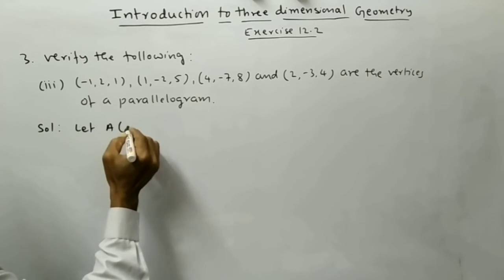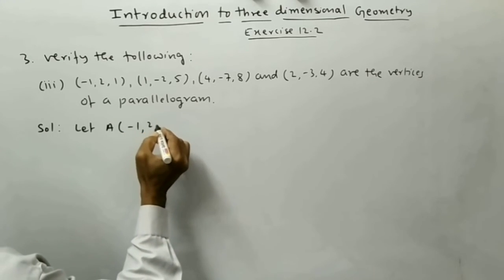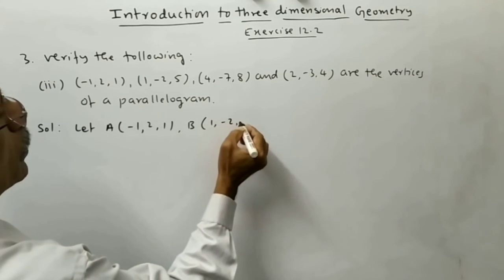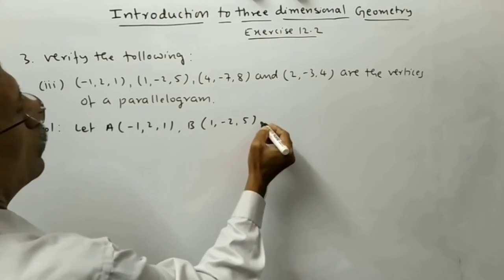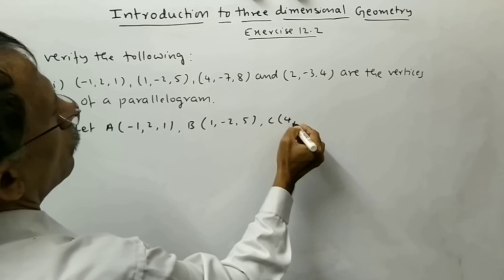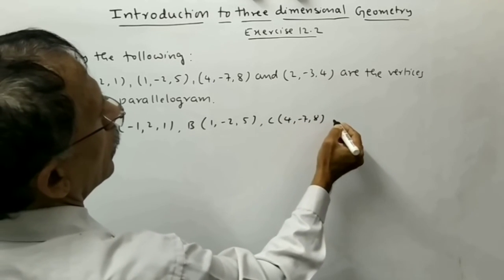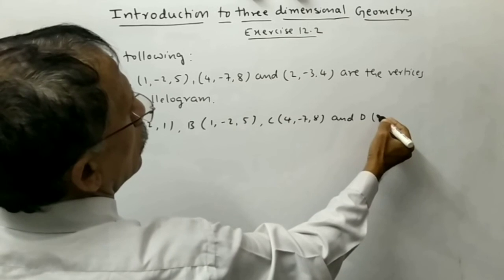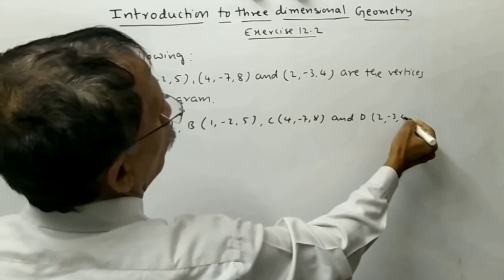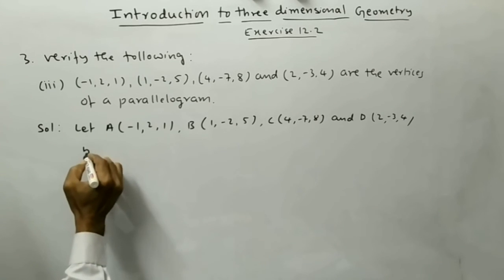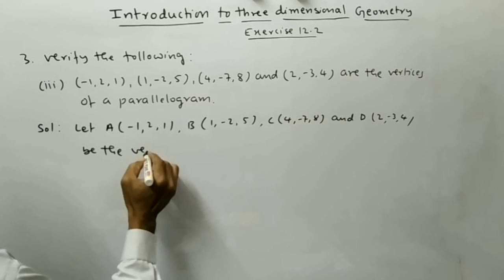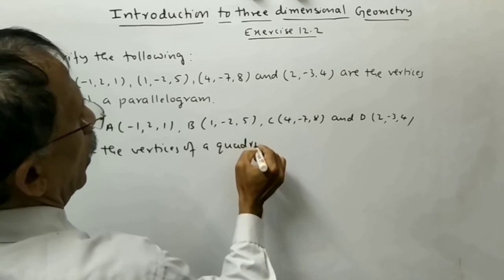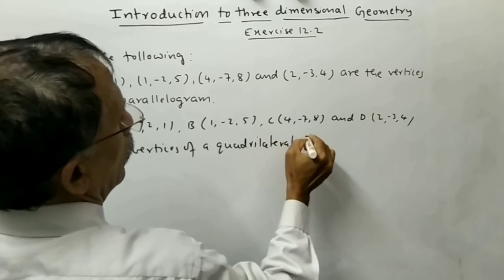Let A with coordinates -1, 2, 1, B with coordinates 1, -2, 5, C with coordinates 4, -7, 8, and D with coordinates 2, -3, 4, be the vertices of a quadrilateral ABCD.